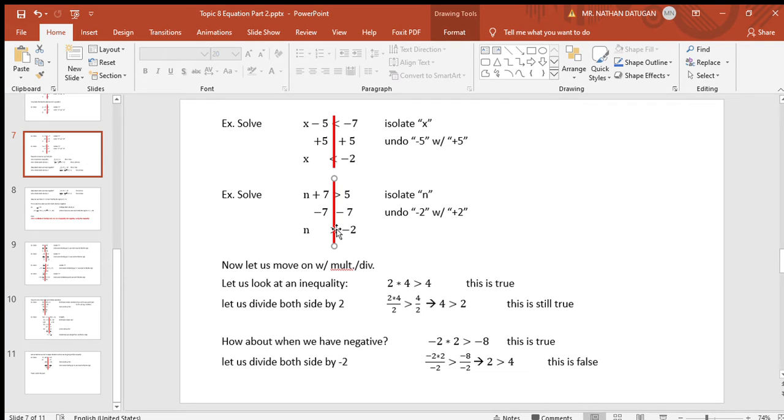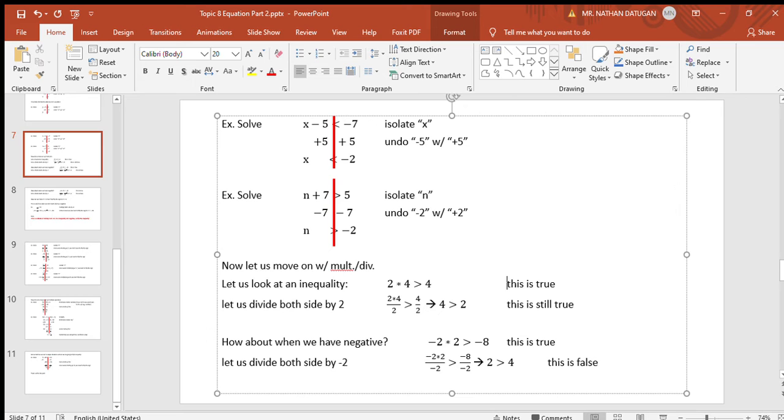Now let us move on to multiplication and division. So before we start solving equations, let's have an example. We have 2 times 4 is greater than 4. 2 times 4 is 8, and 8 is greater than 4. This is a true statement.